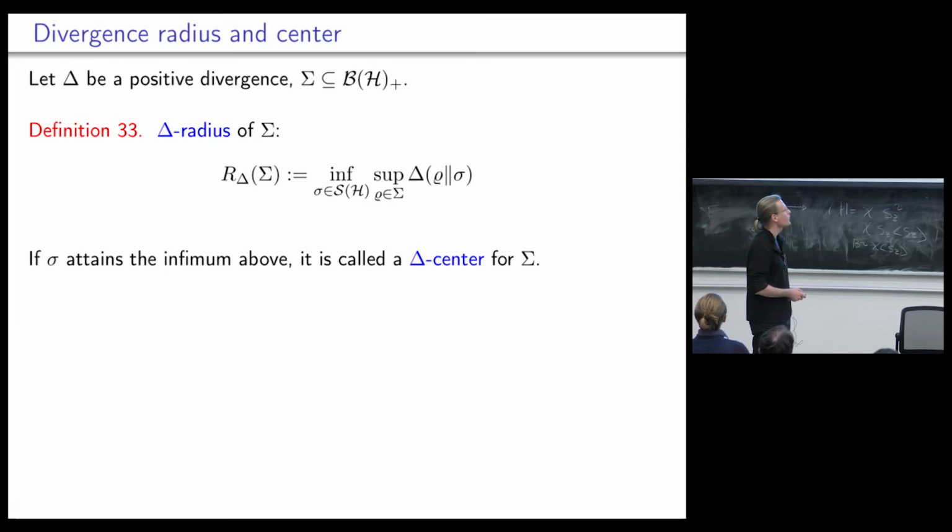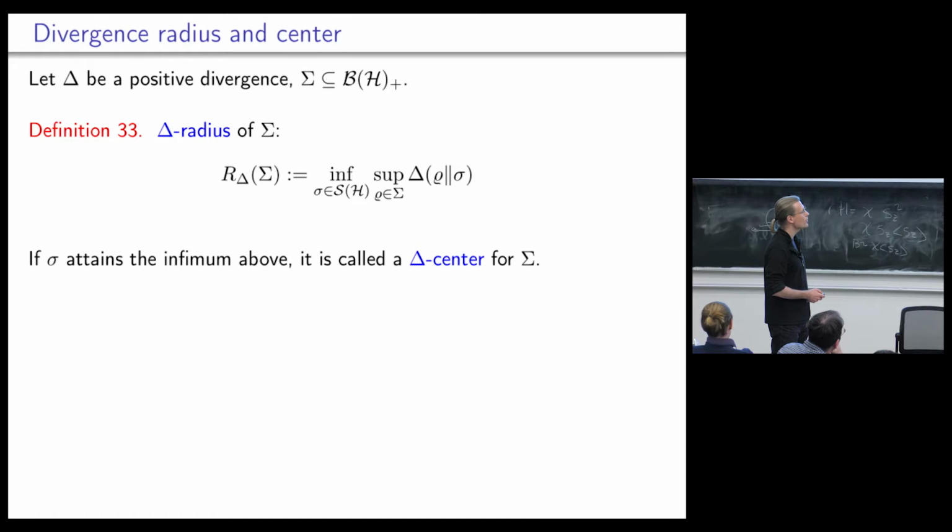So how do we define the divergence radius and center for a set of positive maps? So we take a set of positive semi-definite operators, and we define the delta radius in this way. So we just take the states from this set sigma, this capital sigma, and we take a state small sigma that we can vary.